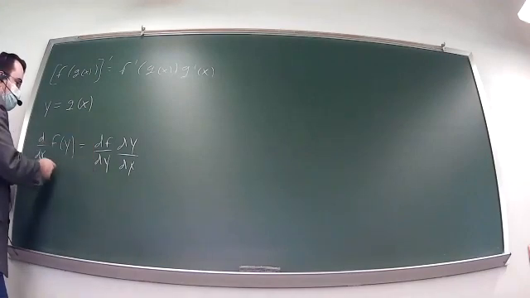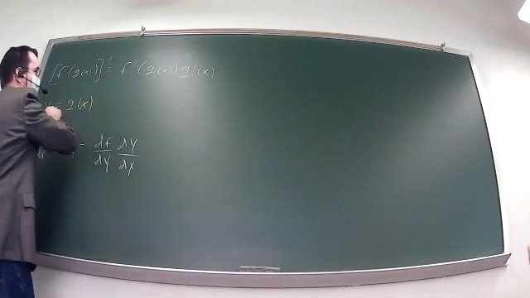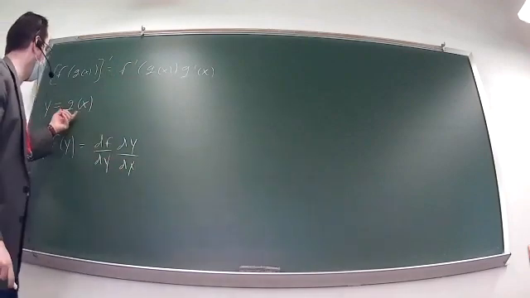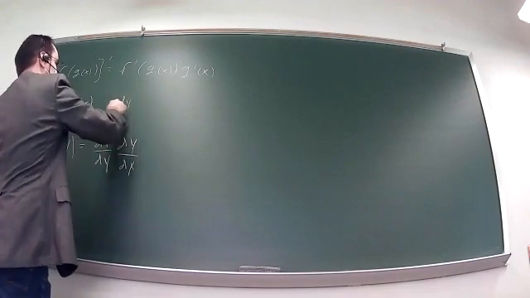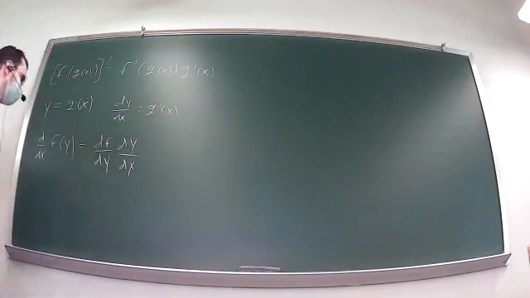So df dy is just the derivative of f with respect to the variable y. So that's just f prime, plugging in y, of course. And then g prime is just the same thing as dy dx. So that's the chain rule.